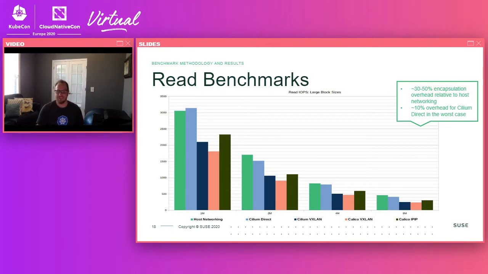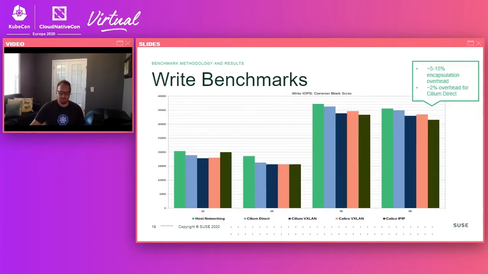In the worst case, we see that the Cilium direct mode only at that 2 meg block size incurs a 10% overhead, but is much more competitive at other block sizes. Again, Cilium direct mode stacks up really nicely compared to host networking, and we're not paying that overhead with the encapsulation cost.